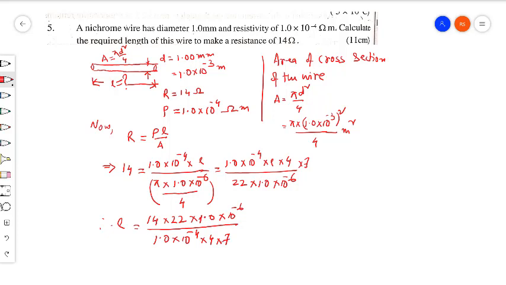So 7 into 14 is 2. 2 into 22 is 44, divided by 4 is 11, into 10 to the power minus 2 meter. This you can write as 11 centimeter.